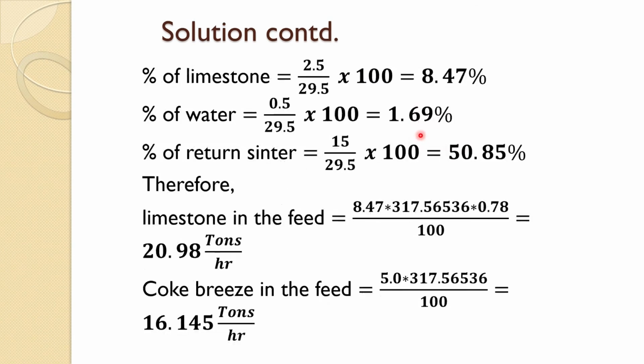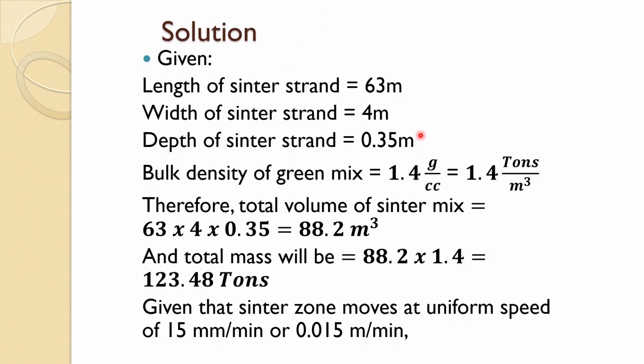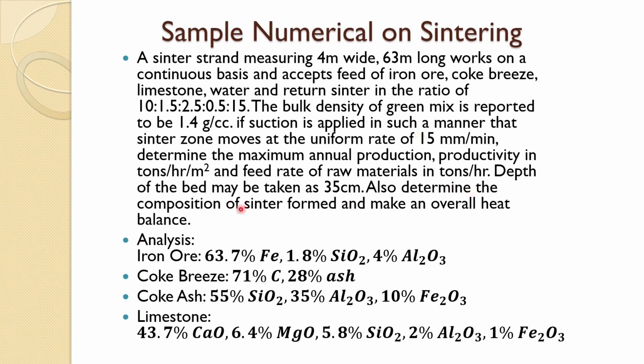I have left another question, to determine the composition of sinter formed and make an overall heat balance. We have already got how much CaSiO3 slag is forming and going out. In the same way, this can be done, and I will leave this as an exercise to the readers or those who are taking this course, and they should try to calculate this.